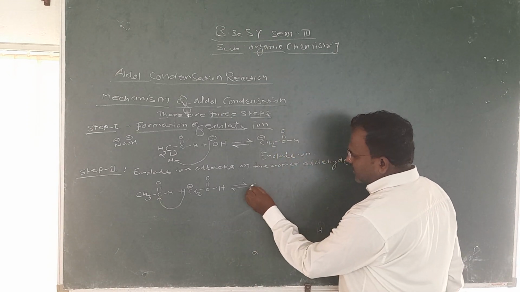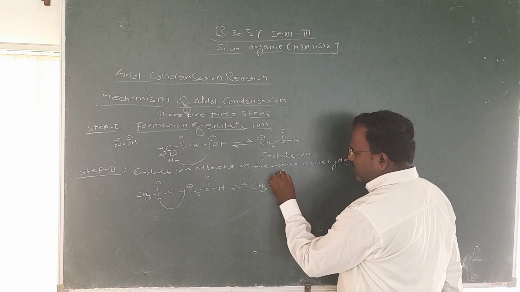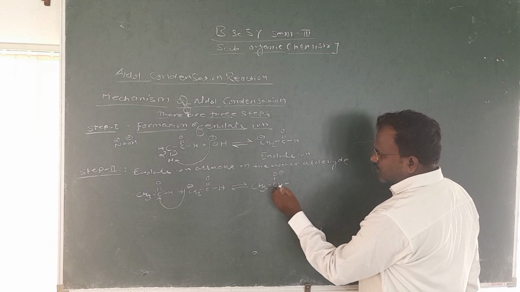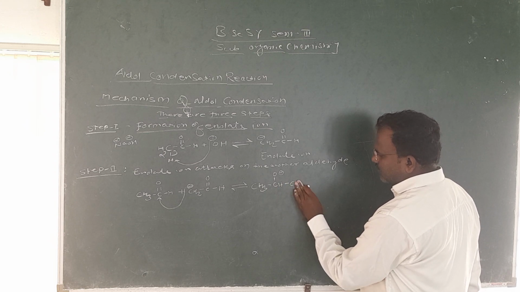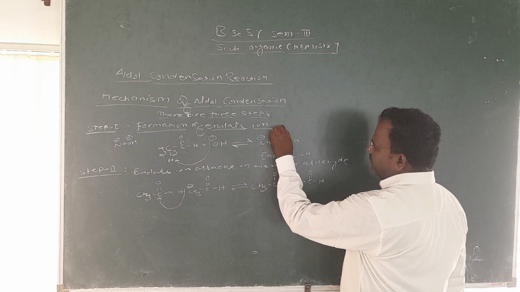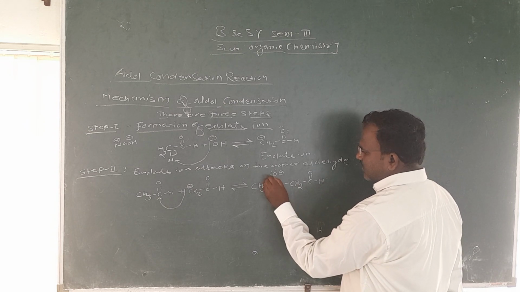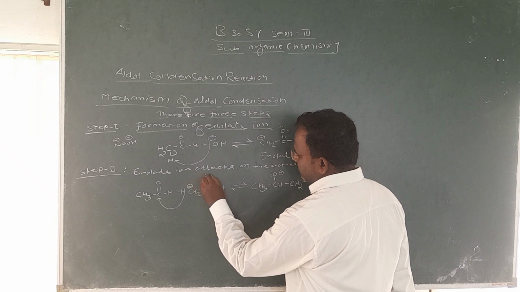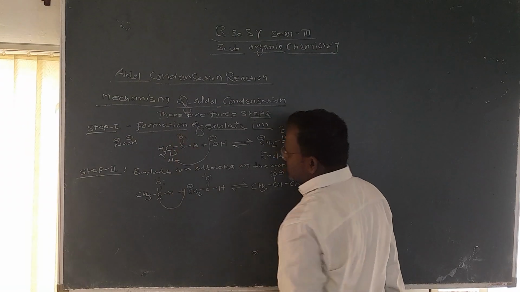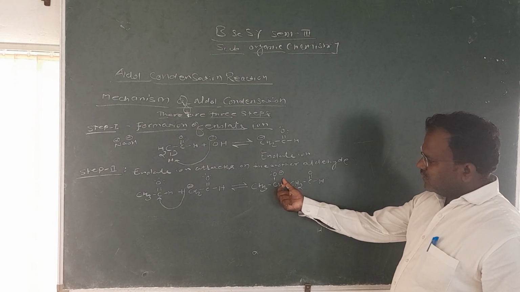Then CH3, CH is formed, and this oxygen atom becomes negatively charged: CH2, C double bond O and H. Here two lone pairs of oxygen atoms are present, and two electrons are contributing to the bond pair. So this is the formation of these ions.